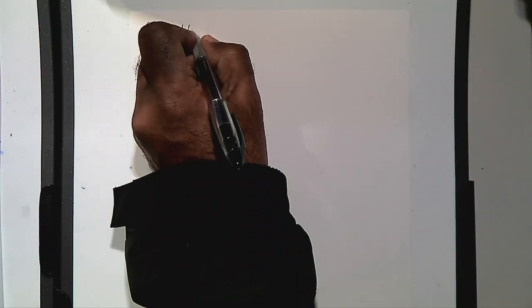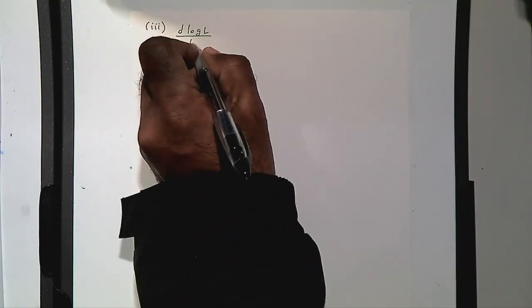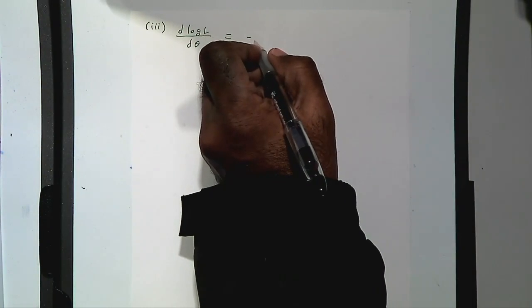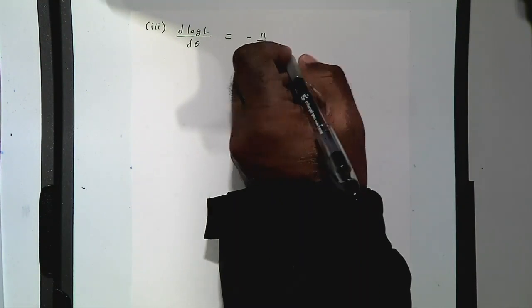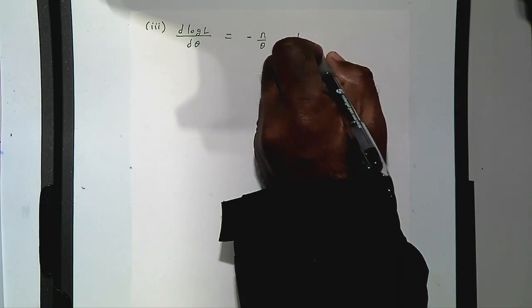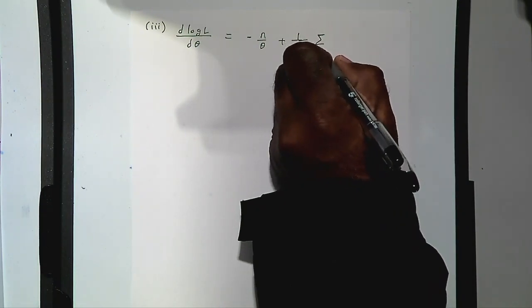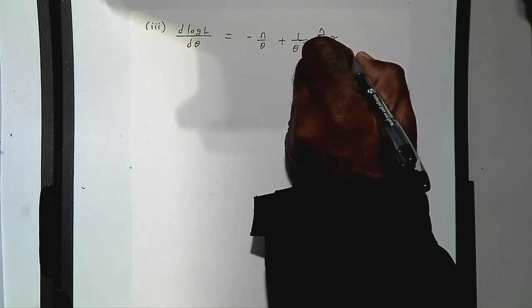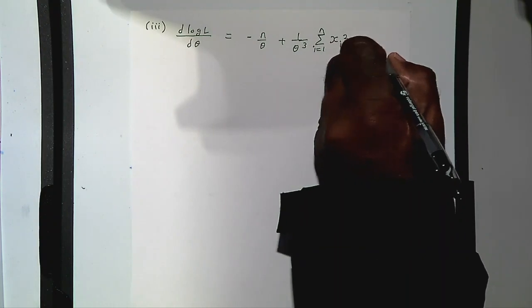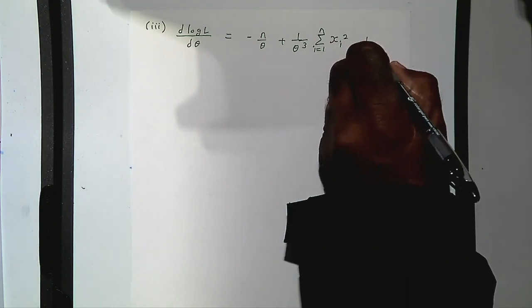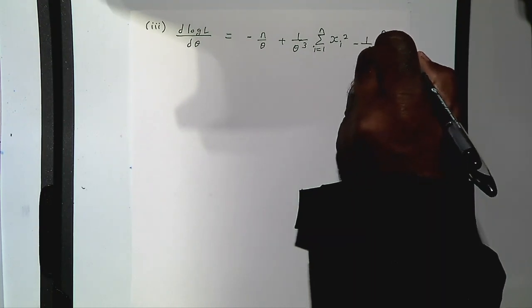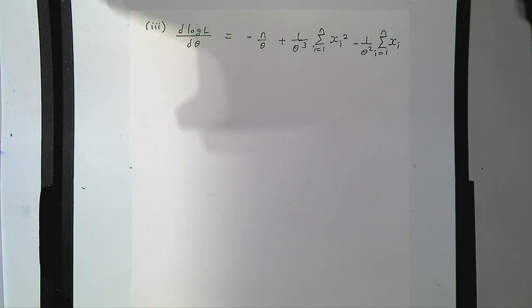So if you do that, you get minus n over theta plus 1 over theta cubed, right, and minus, okay, this is what you get.